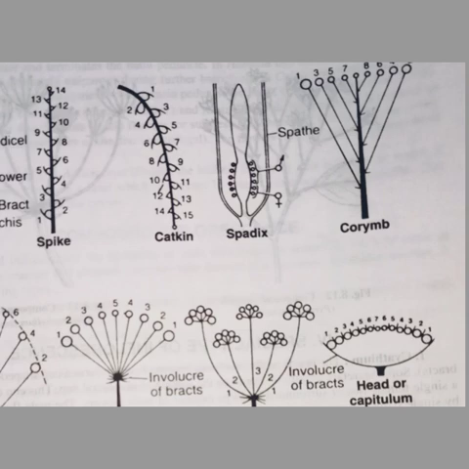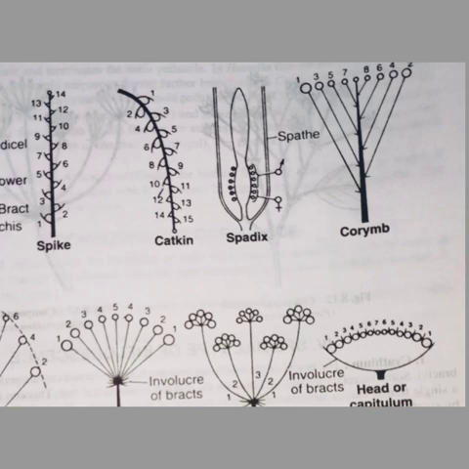But in case of the spadix, they have a compactly arranged or fleshy peduncle, and their female flowers are at the base and male flowers are at the upper portion, and they are covered by the spathe.